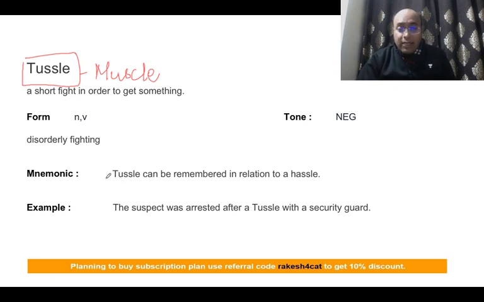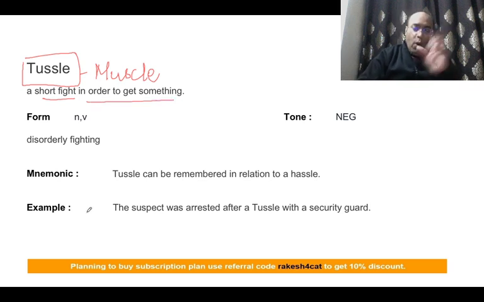It is a short fight in order to get something. For example, that zebra that was hitting the lion wanted to get rid of that situation. So it is a short fight in order to get something. It is there for a small time. Tussle, muscle.